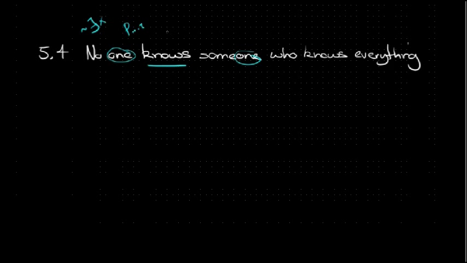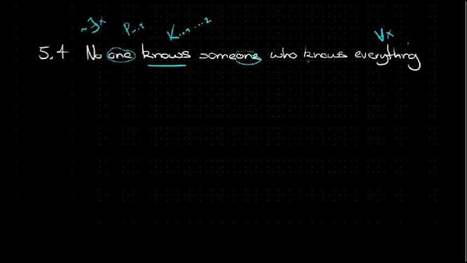Knows is going to be relational, right? x knows y, and everything. So we're going to need our universal quantifier. Now we might be tempted to try and restrict the domain here again to persons, because we've got no one knows someone who knows everything. But the problem is that we're talking about everything here as well.